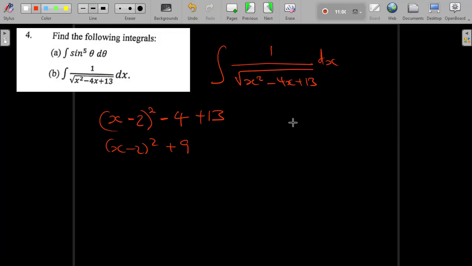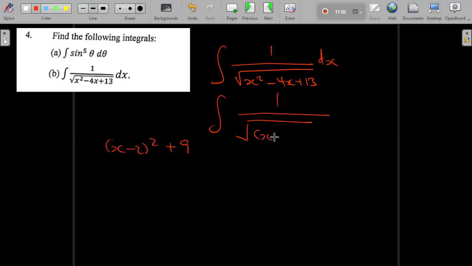So I can replace this into my integrand. What do I get when I replace? I have the integral of 1 over root, x minus 2 squared plus 9. Because of that plus sign here, I noticed that this is in the standard form of having a variable x plus a constant a raised to a power.